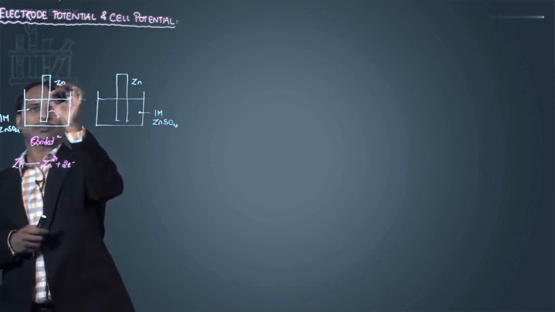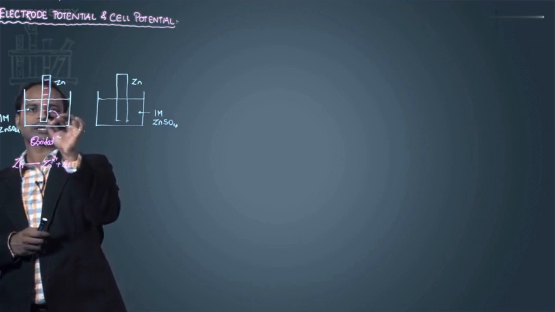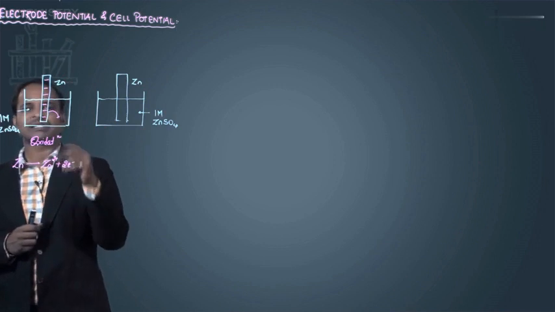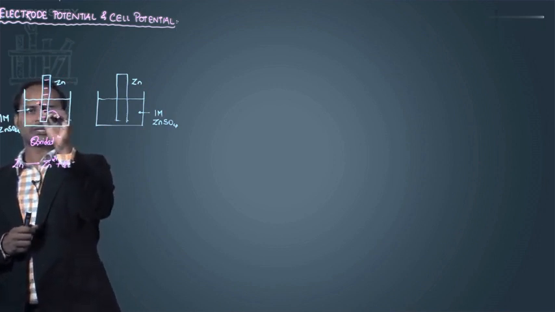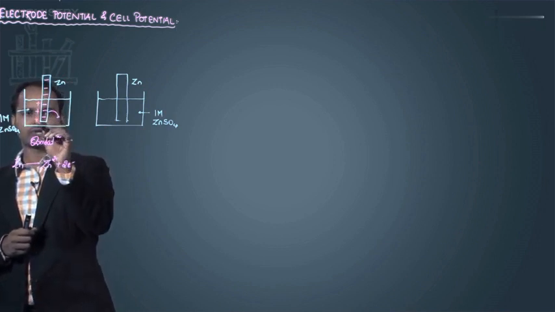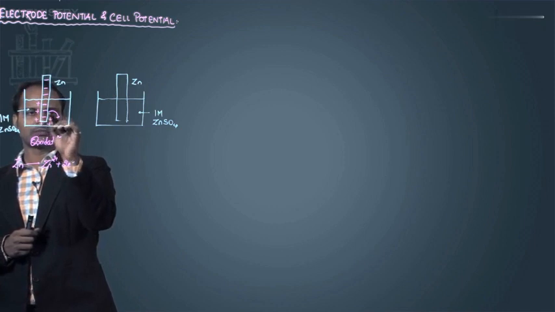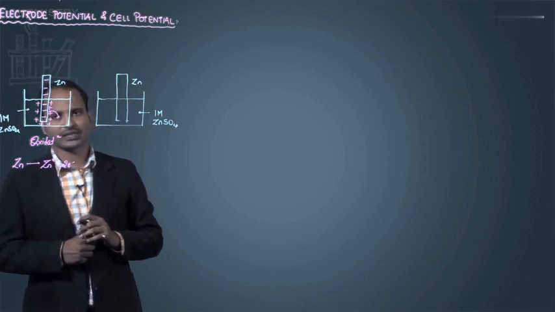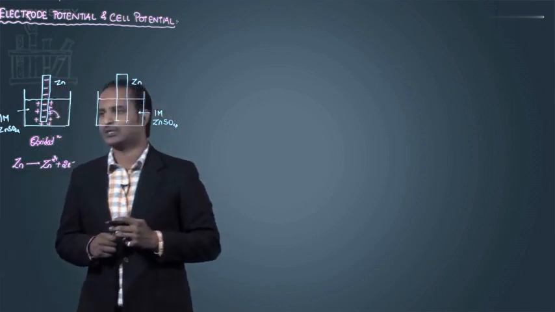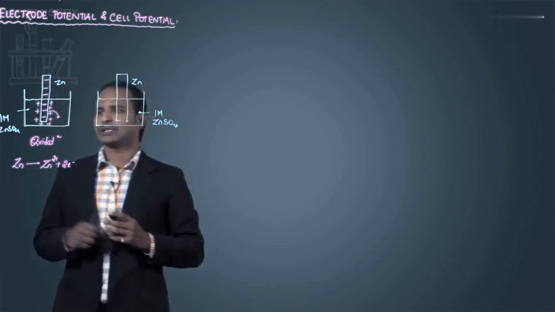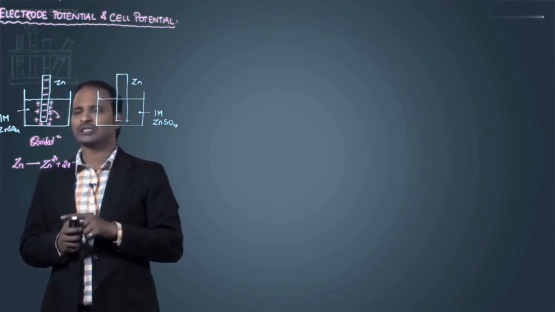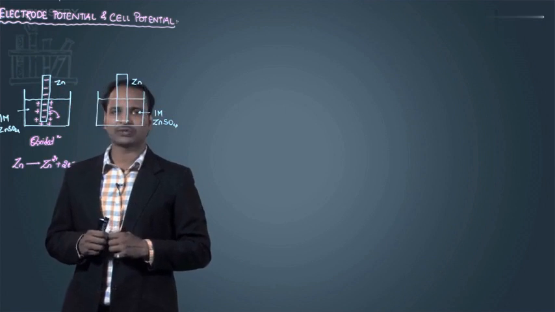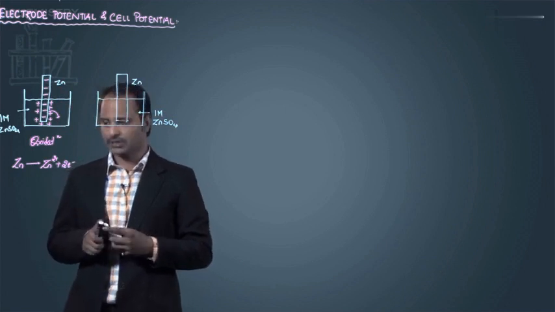Since electrons are deposited on the surface, the electrode contains negative charge, and in the solution the number of positive ions increases because of oxidation, so the solution will have positive charge. So on the surface of this metal electrode, two opposite charges, positive and negative, have developed when the oxidation takes place.